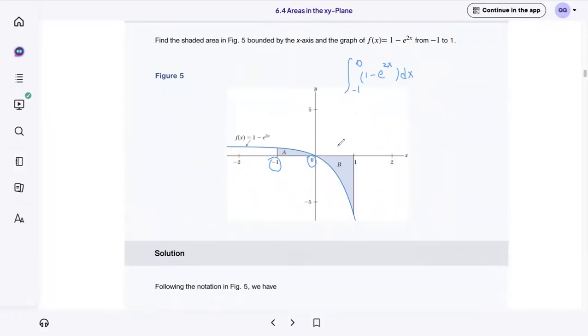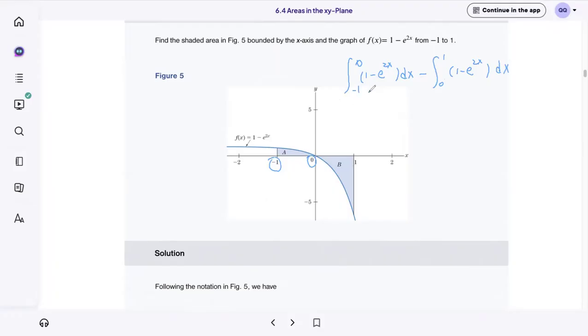This is above the x-axis, so we take a positive. Then region B is under the axis, so we put a negative sign. That's from 0 to 1, the same integrand, the same function, then dx.